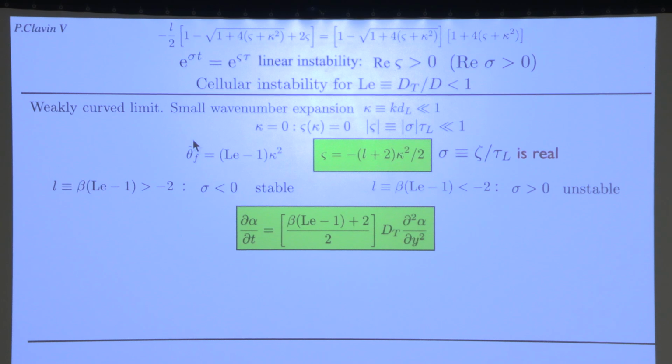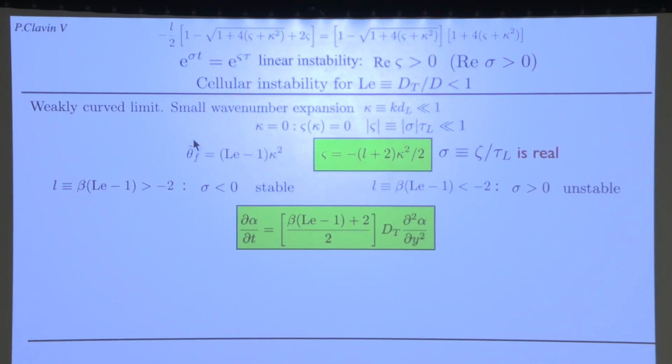Now, if you look first to the weakly curved limit, that is, I am looking at wave numbers that are smaller than the inverse of the flame thickness, that means that wavelengths are large compared to the flame thickness, okay? So I look to the solution for this.